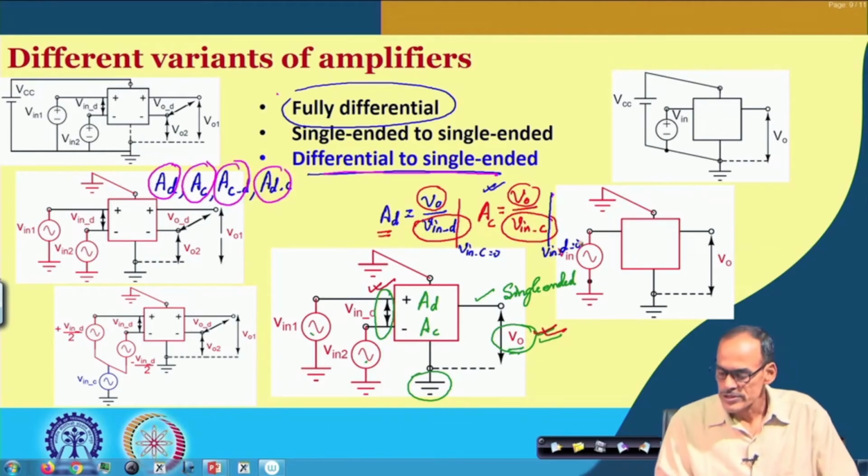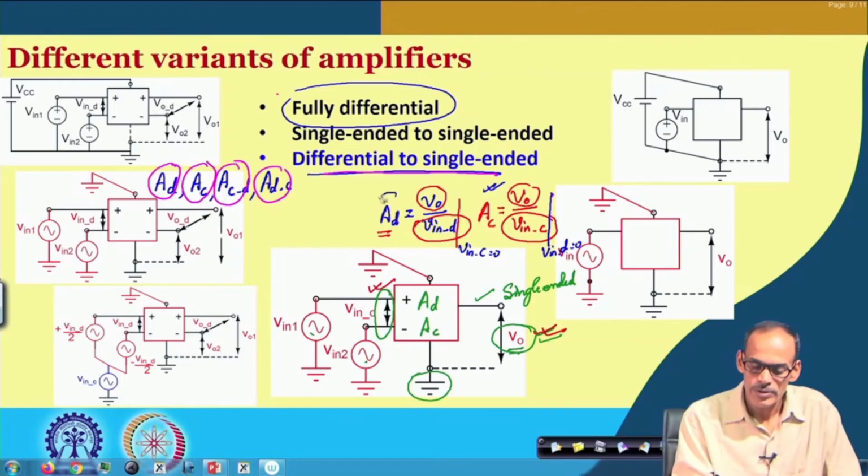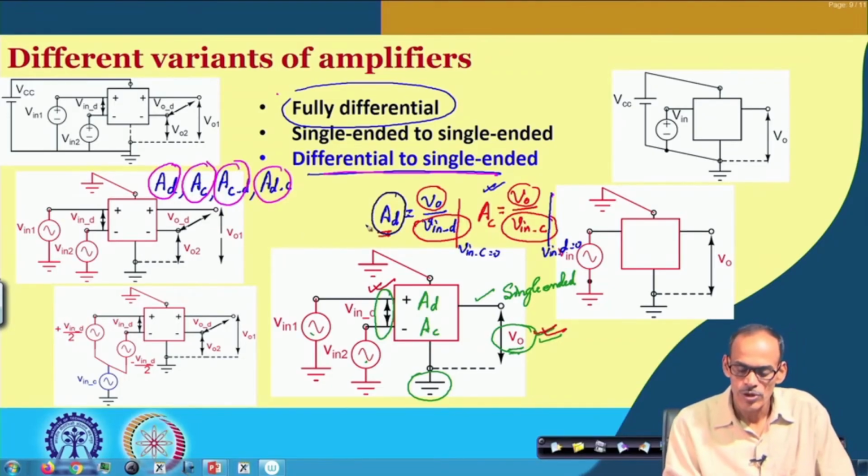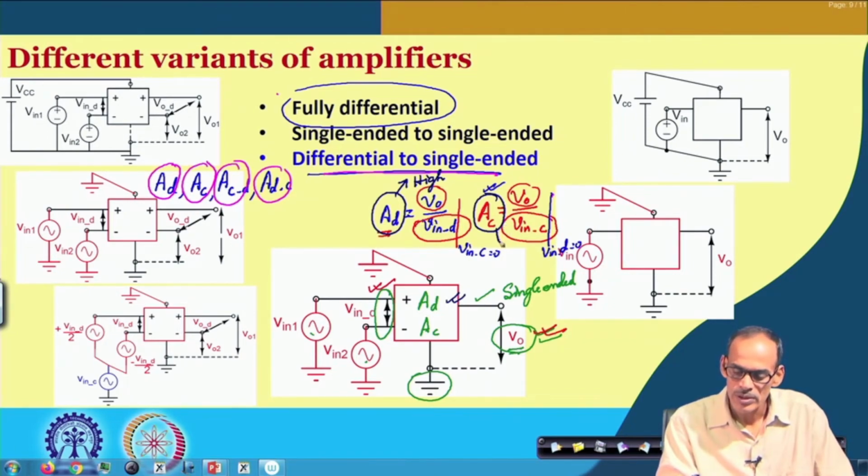So, of course, the other basic characteristic, namely for proper operation of this circuit, we want this differential mode gain to be as high as possible, and for a good differential-to-single-ended amplifier, we want AC to be as small as possible. So, ideally we want AC to be 0 and AD to be as high as possible.